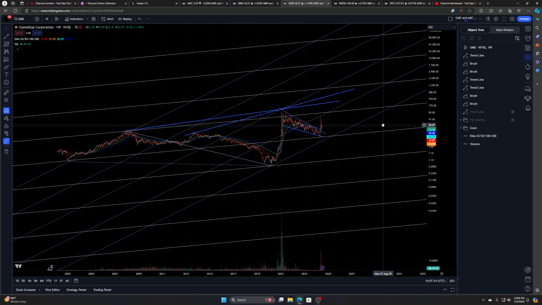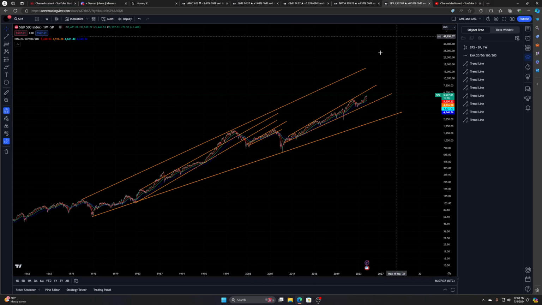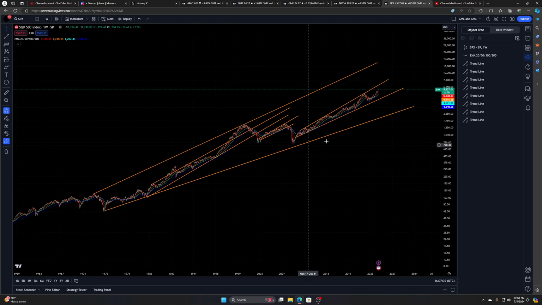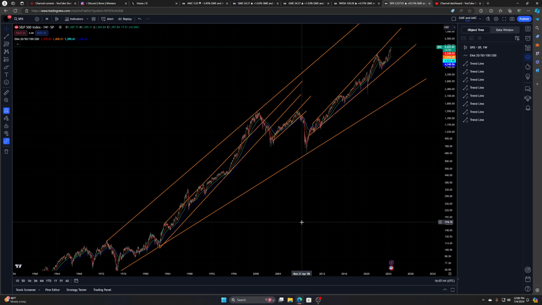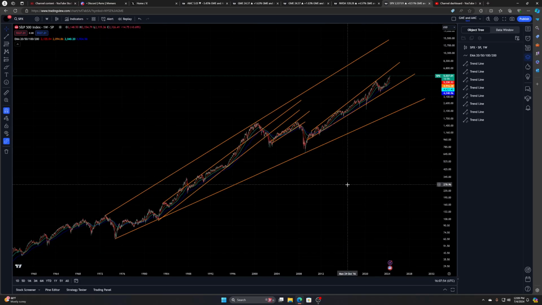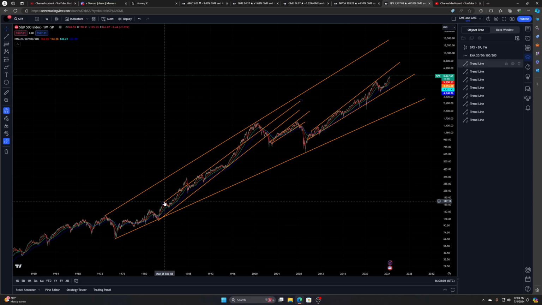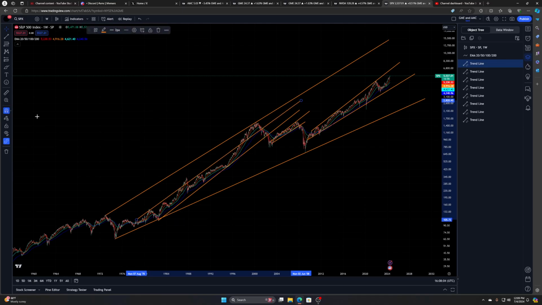And to better show you, let's go to the S&P 500. I've already drawn this out for you, but price trades in channels, and that's all price does, and it's very symmetric. It may not seem symmetric, but you can just look at this chart and intuitively tell that price is trading in channels. This is a channel, and you come out of this channel and trade in a new channel.